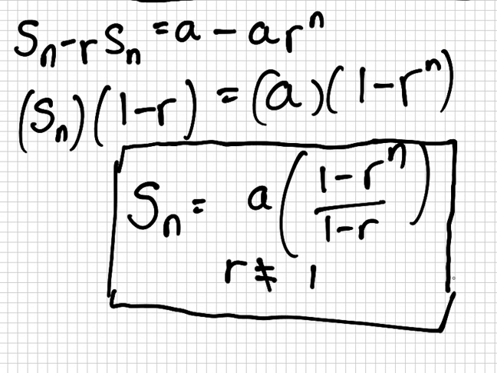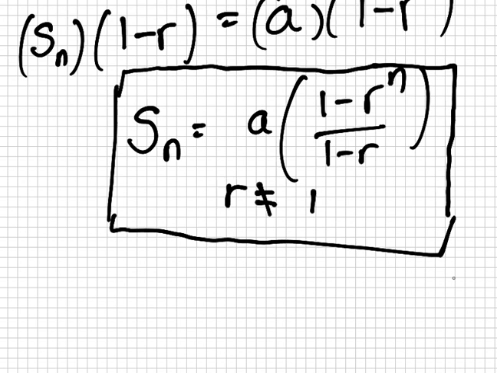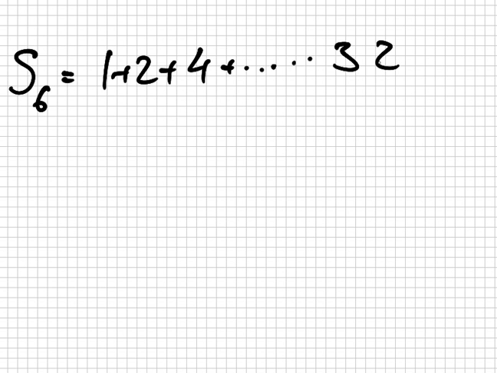Okay. So let's look at some examples of using this formula. Did you write it down? Okay, so for example, 5a. I want to calculate S6, which is 1 plus 2 plus 4 all the way up to 32. What's the A here? And the R? 2.